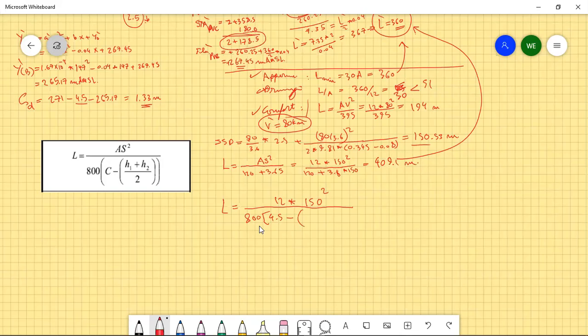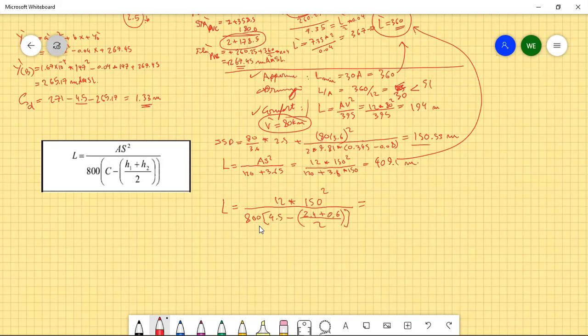H1, that's the height of the eye of the driver. In this case, we are taking the height of the eye for a truck driver, so it's 2.4, plus H2, that's an obstacle, which is 0.6, divided by 2.